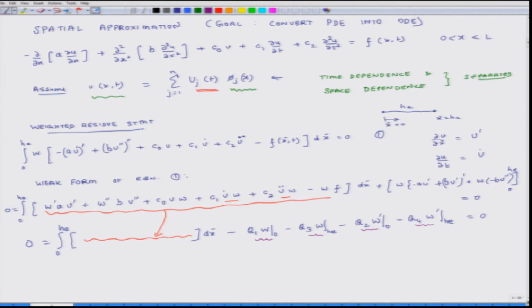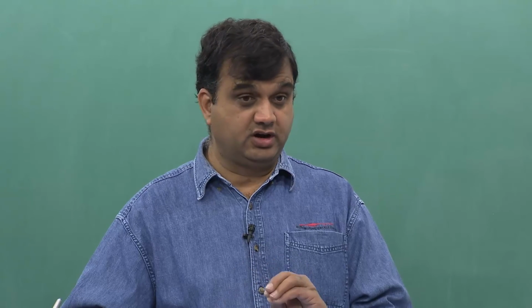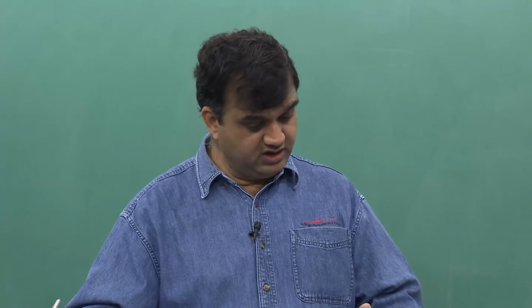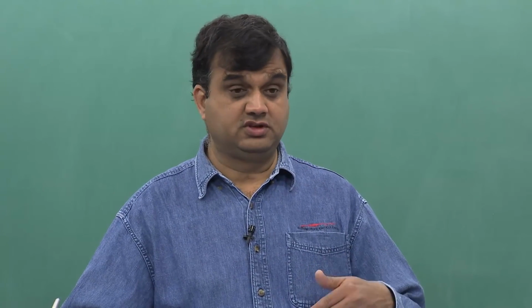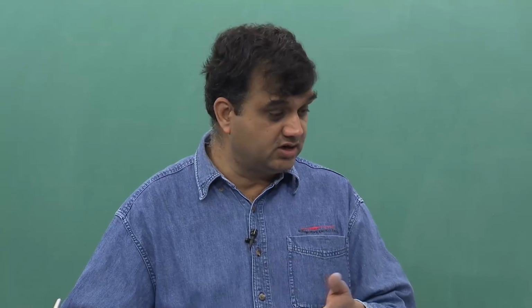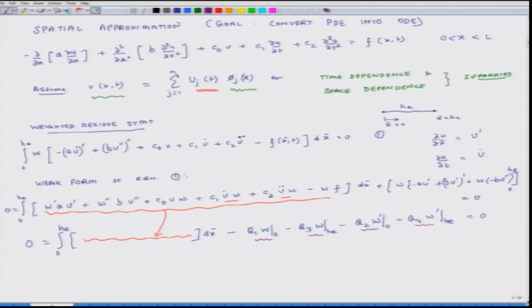So far we do not see the need for initial conditions explicitly, because all we have done so far is integrate this partial differential equation in space. So, we are getting several boundary terms, and these boundary terms get handled by boundary conditions. When we integrate this equation in time, then we will see that the need for initial conditions also comes into the picture.